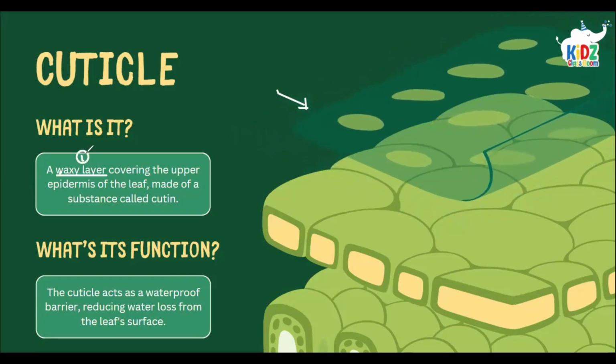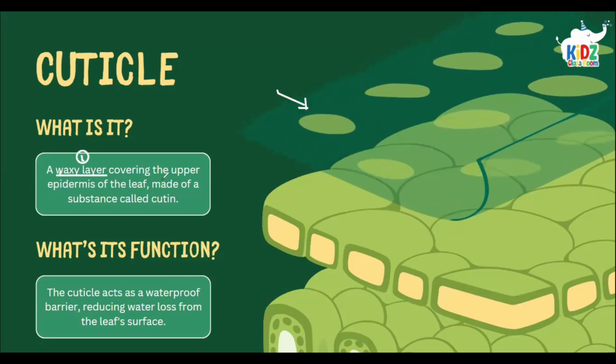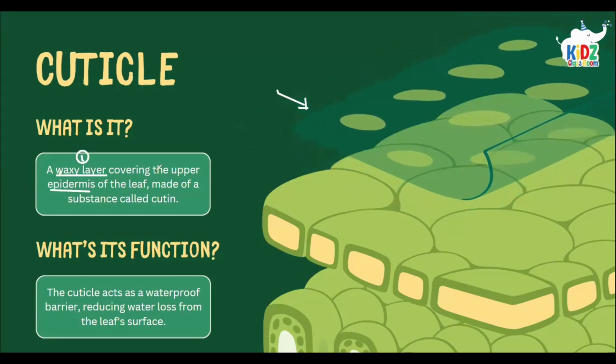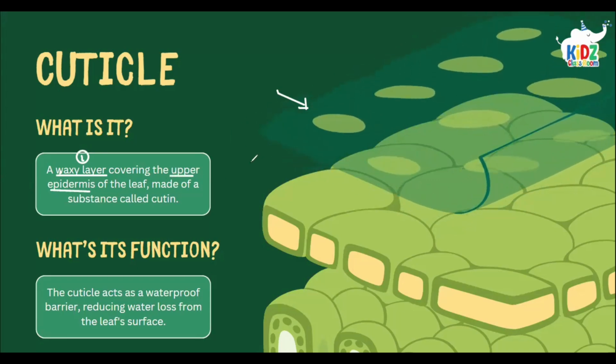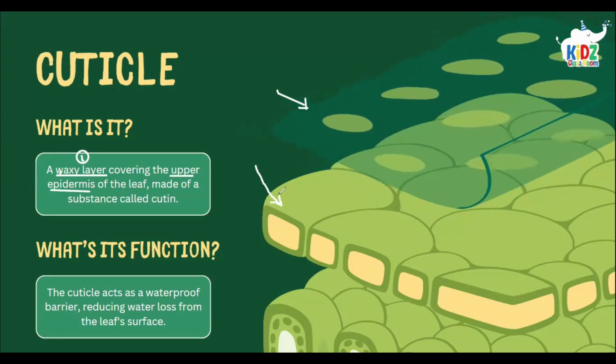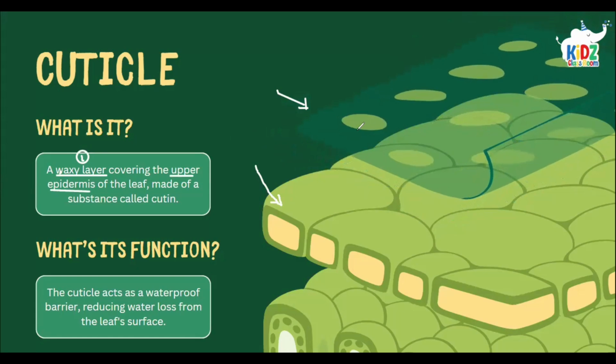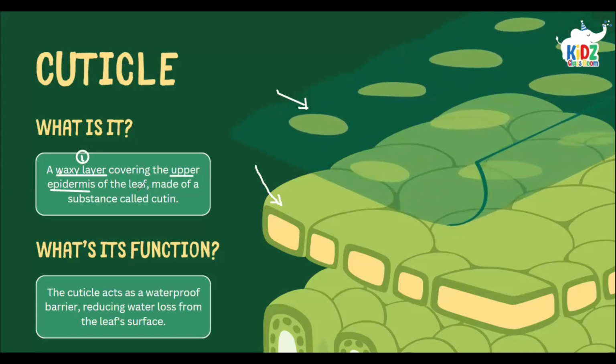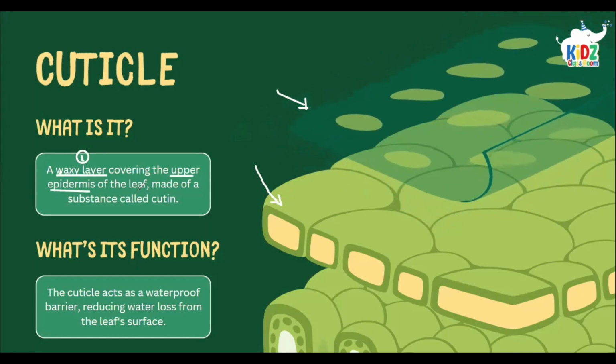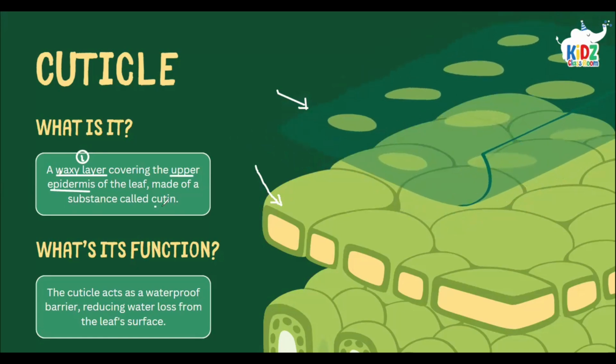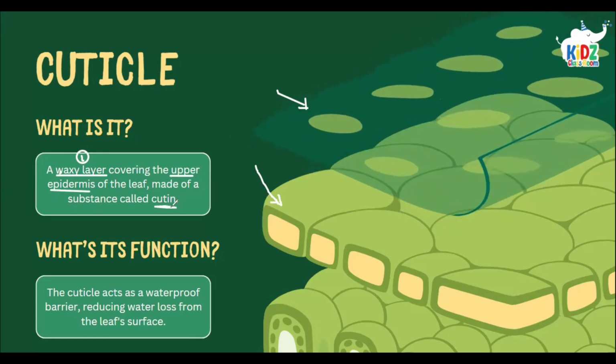It covers the upper epidermis of the leaf, and it is made of a substance called cutin.